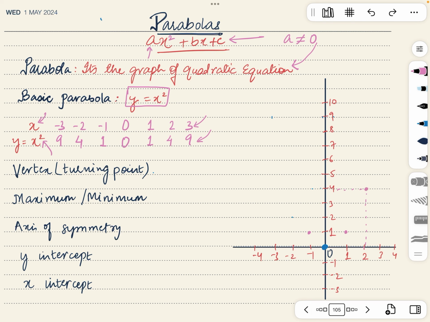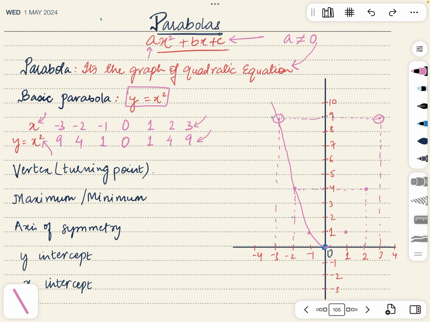Then at x = -2 I'm getting 4 again, plot it. At x = 3 I'm getting 9, so let me plot that also. At -3 also I'm getting 9. Now I'm going to connect them up, and the figure that you're going to see is that of a parabola.